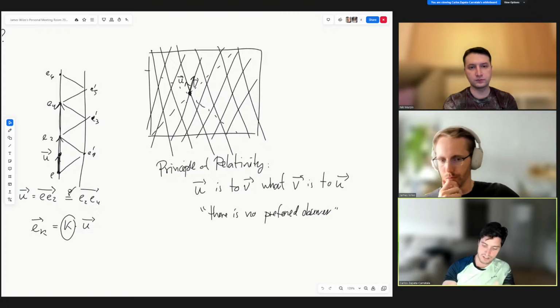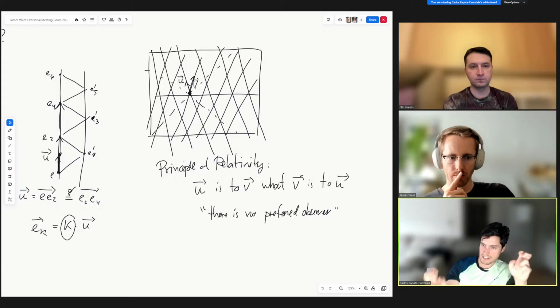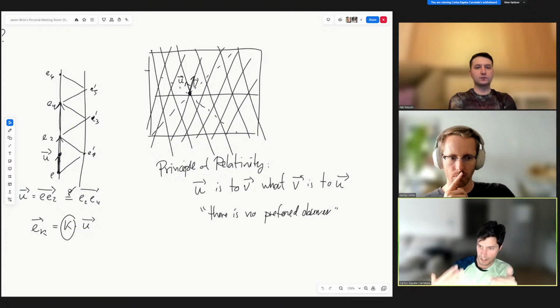So you define your space-like slices simply in terms of the light cone structure, and then you think of vectors that go along those hyperspaces or hyperplanes in your affine space.